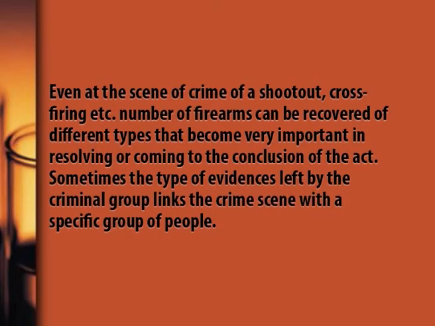Even at the scene of crime of a shootout, cross-firing, etc., a number of firearms can be recovered of different types that become very important in resolving or coming to the conclusion of the act. Sometimes the type of evidences left by the criminal group links the crime scene with a specific group of people.